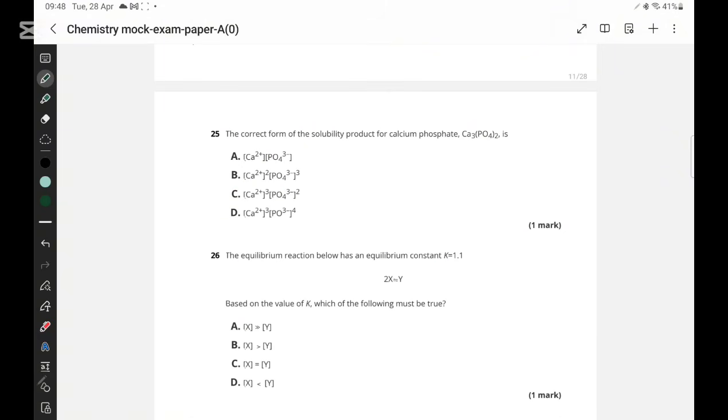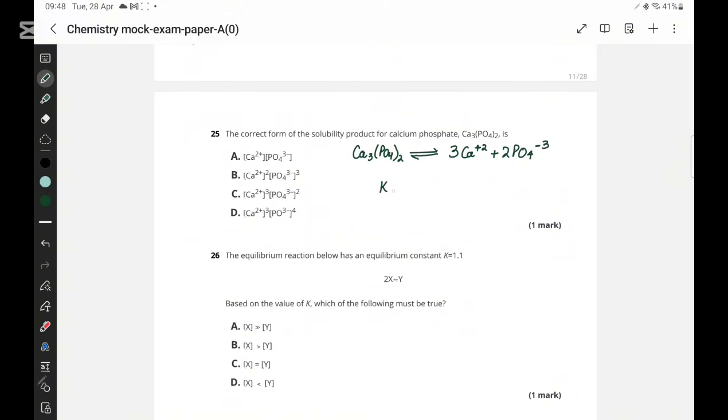The correct form of the solubility product of calcium phosphate: if we are going to dissolve calcium phosphate, it is going to form 3 calcium ions having a +2 charge plus 2 phosphate ions, PO4 3-.